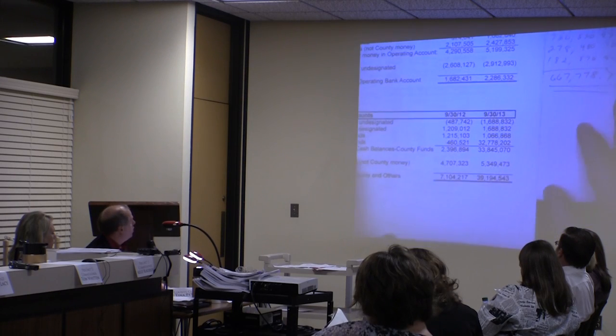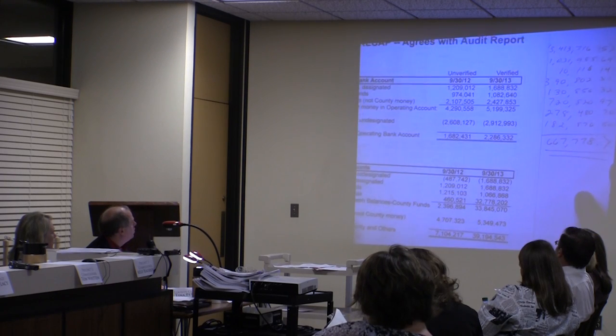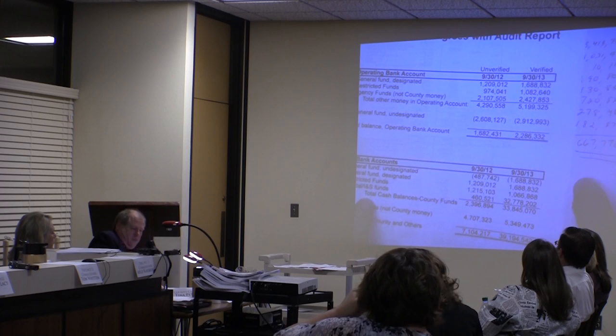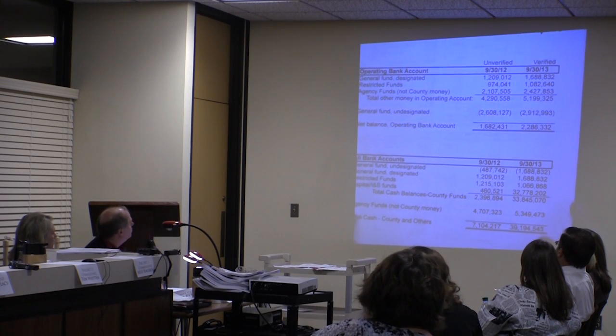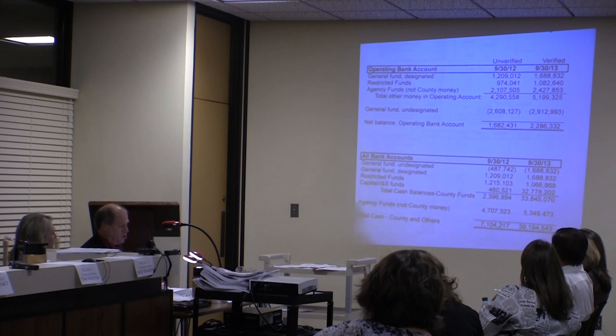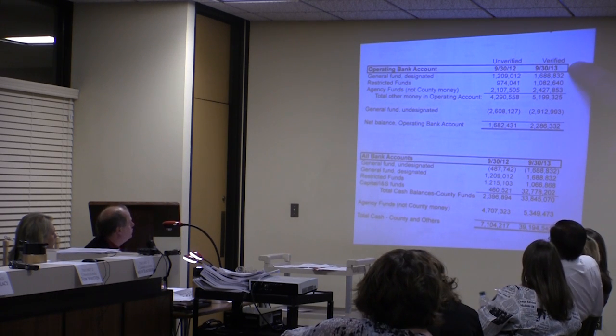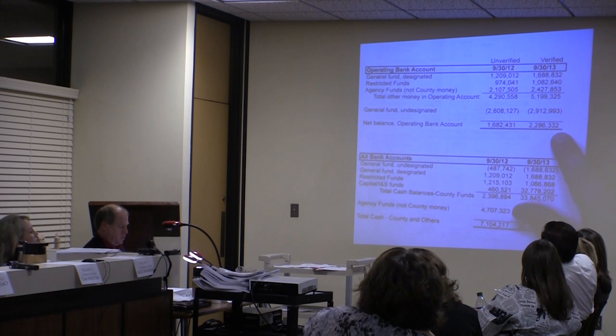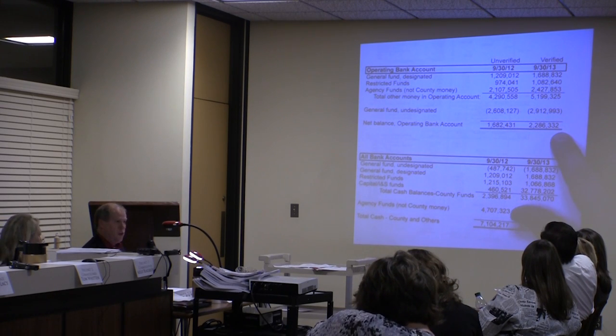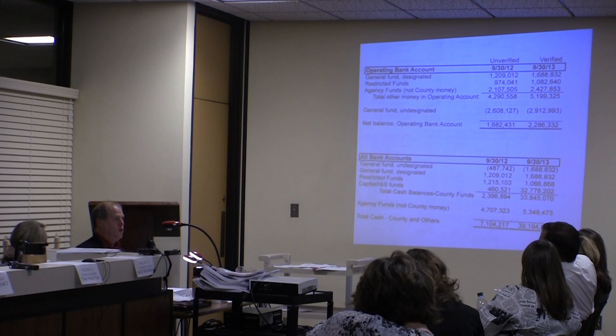I have put together what I consider the most accurate cash account for the work on 2013. That totals these things up and adds to the $2.286 million, which is the amount in the operating bank account.